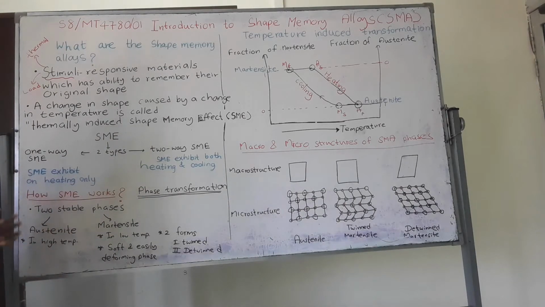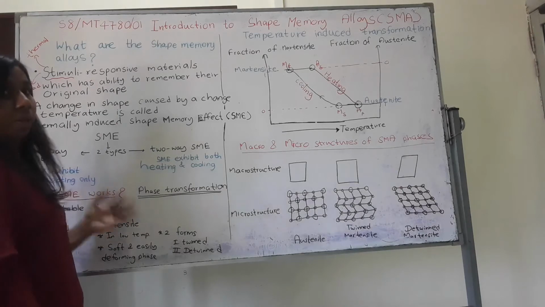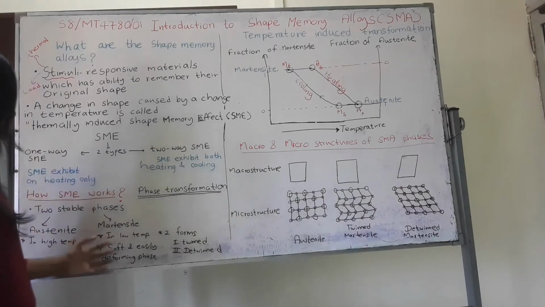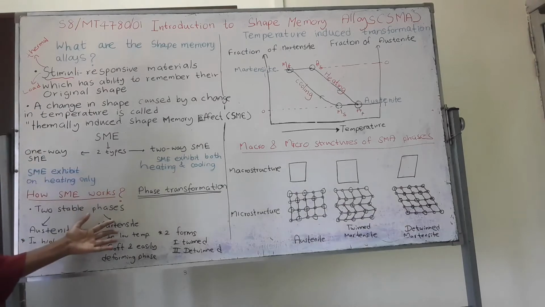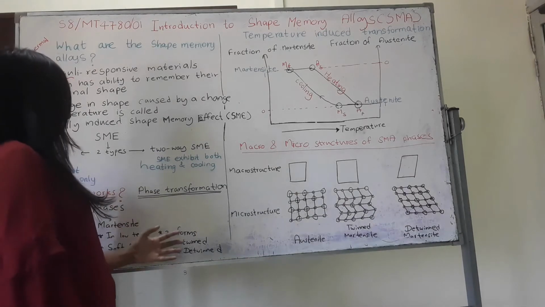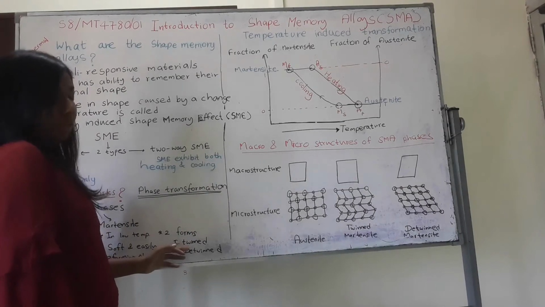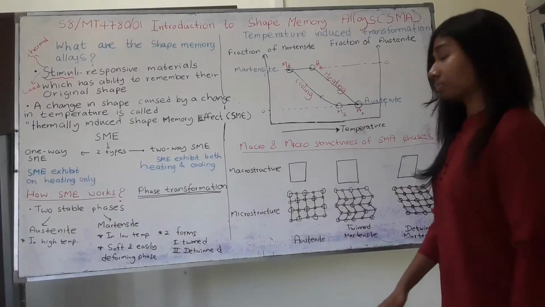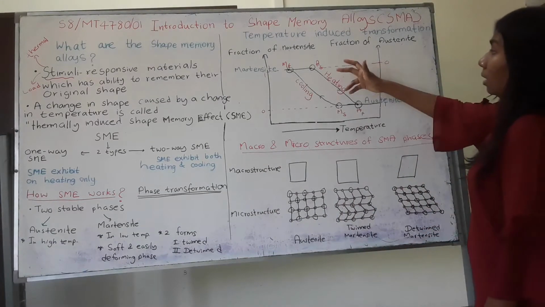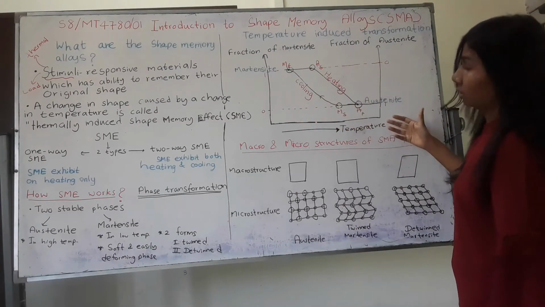Austenite normally appears in high temperature ranges, and martensite appears in lower temperature ranges, and it's a soft, easily deformable material phase. And martensite can be seen as two forms here, twinned martensite and detwinned martensite. Then I will explain how the phase changes happen due to the temperature changes.